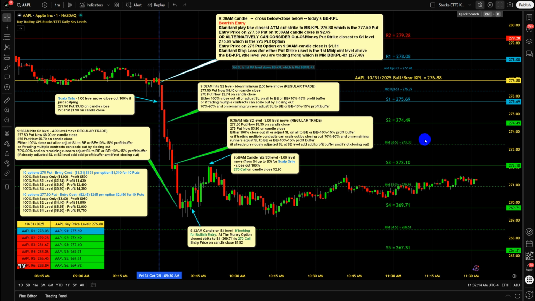So closes above a midpoint level, it's generally going to the next main level above. The same thing in reverse. Closes below a midpoint level, it's generally a sign that it is at least going to be going to the next main level below.